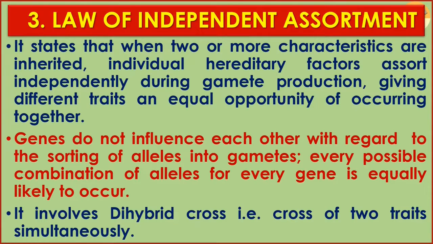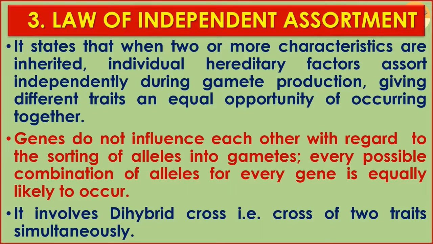According to the law of independent assortment, it's not necessary that the genes of the first parent fertilize with the genes of the second parent in a respective way. For example, it's not necessary that the first gene of the first parent, the father, must be fertilized with the first gene of the second parent, the mother. They assort randomly with each other. So this is the law of independent assortment.